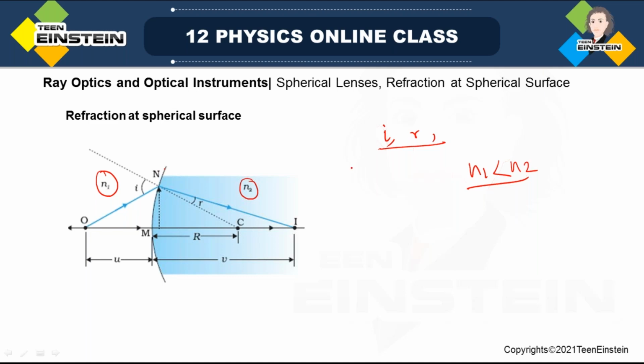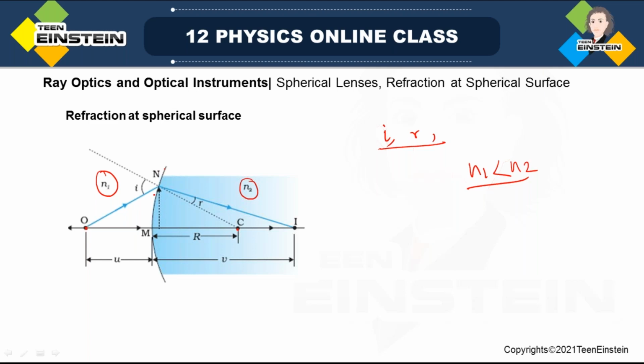Okay, suppose in this case, look here, we have a point object over here. Ray is actually getting refracted. So this is angle of incidence. You can see this is I. And as I said, at a spherical surface, the normal will always be the radius of curvature, which is going through the center. Okay.